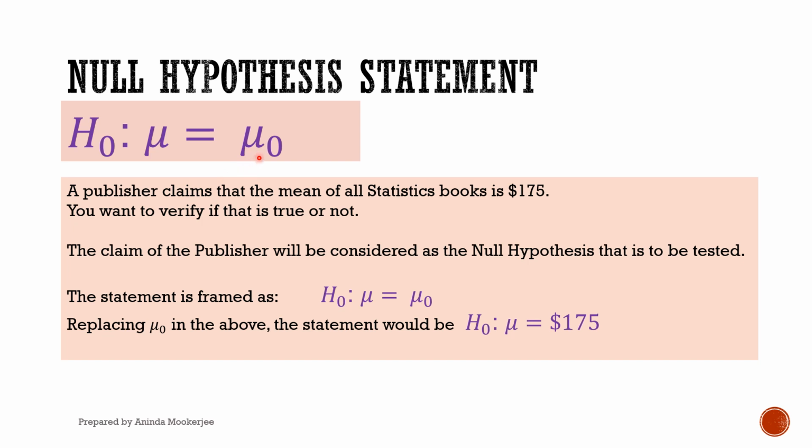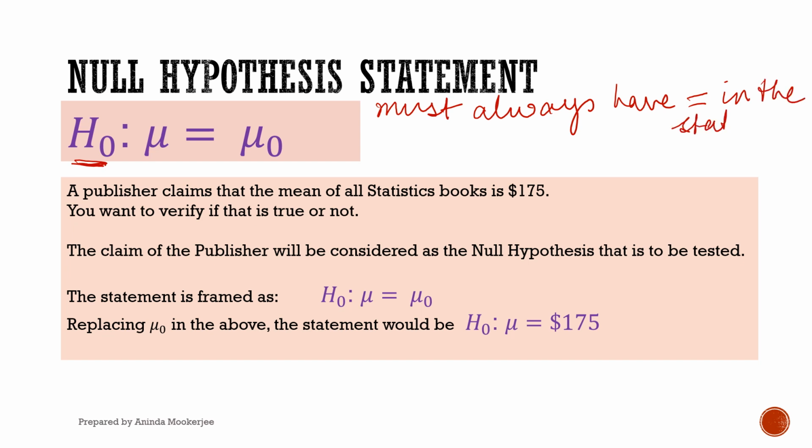All right. So a few things here. A null hypothesis must always have an equal sign in the statement. Must always have equals in the statement. Now sometimes you will also find less or equal to or greater or equal to in some places, but the equals must always be there in the null hypothesis.